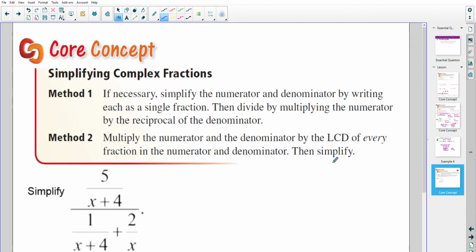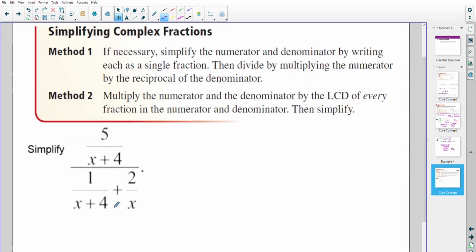Now, the only other idea here is when you have a complex fraction, you're still looking to see what is the lowest common multiple. And when you find the lowest common multiple, you're going to multiply the top and the bottom by that.